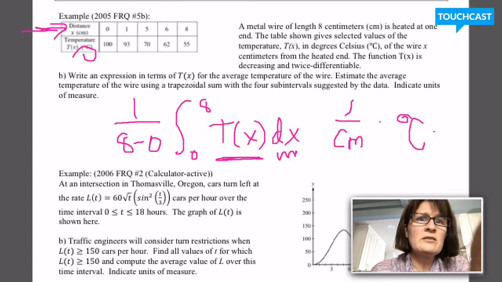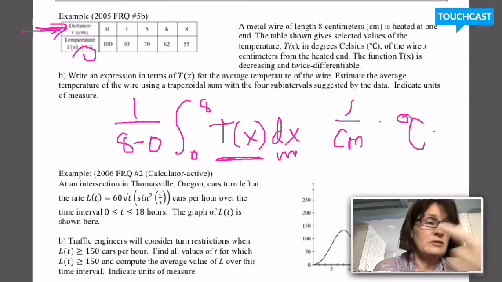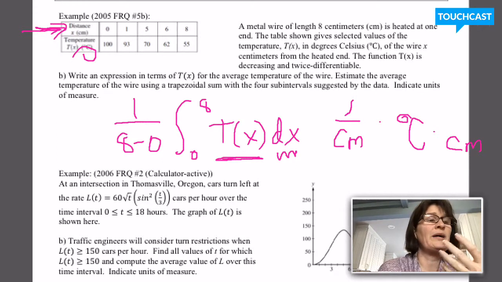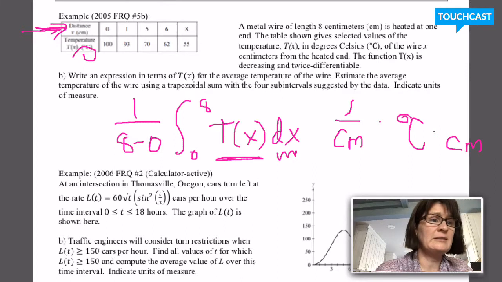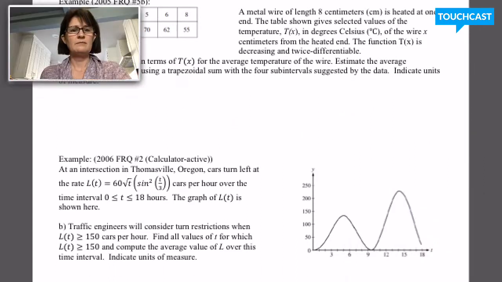We'll look at what your x values are measured in. There's distances in centimeters, so centimeters. So, all right, my units are going to be 1 over centimeters times degrees times centimeters, and you'll see that centimeters and 1 over centimeters cancel out. I'm going to get that my final answer is 75.6875 degrees Celsius.